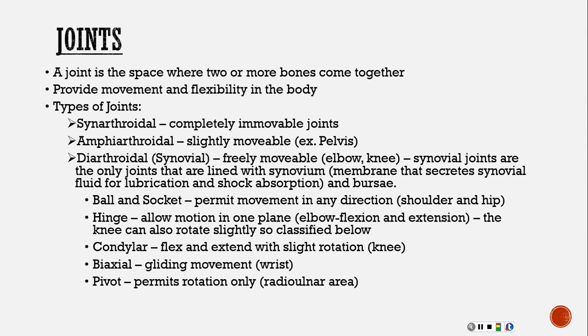That's going to be the condylar joint, which flexes and extends with slight rotation, so the knee falls into that category. You've got biaxial joints, which deal with more of a gliding movement, like the wrist. And then finally, you've got pivot joints. Pivot joints permit rotation only. This is going to be your radio-ulnar area.